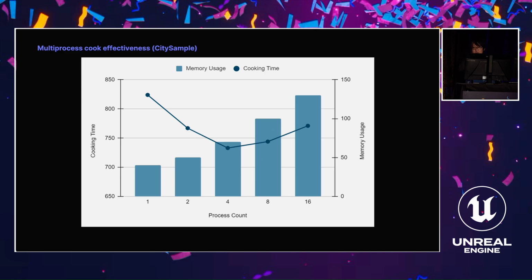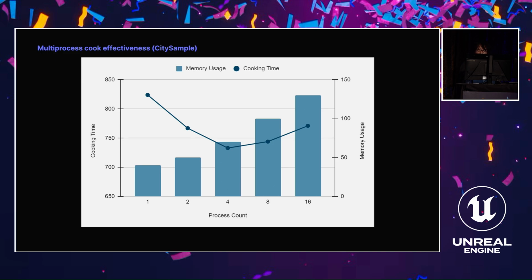This shows the result of multiprocess cooking. I tried to run the multiprocess cooking on City Sample and compared the processing time and the memory usage. The line graph showed the effect of increasing the number of processes on the cooking time. But the time increased when the number of processes executed exceeded 8.